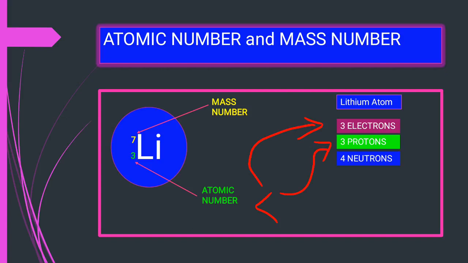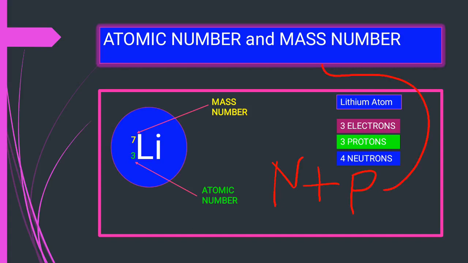So when we take the number of neutrons and add it to the number of protons, what we get is the mass number.